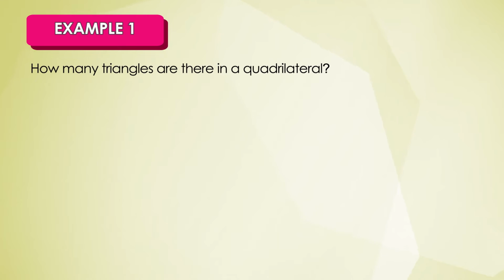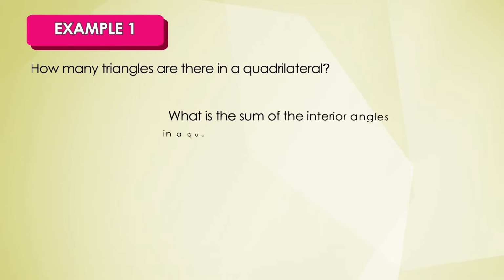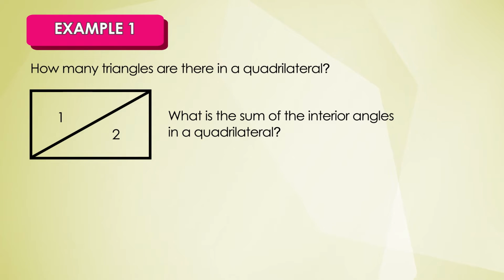Now, let's look at a few examples on how to find the sum of interior angles. Example 1. Girls and boys, what is the sum of the interior angles of a quadrilateral? Excellent job. Let's try this together now, step by step. First, we need to know how many triangles are there in a quadrilateral.